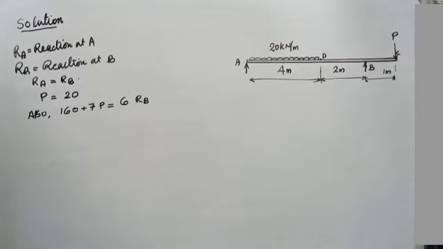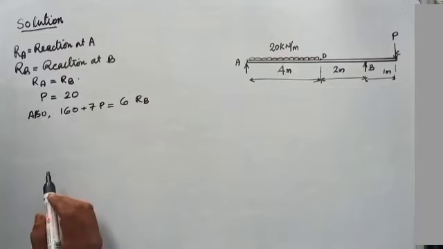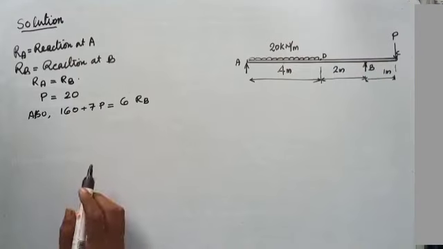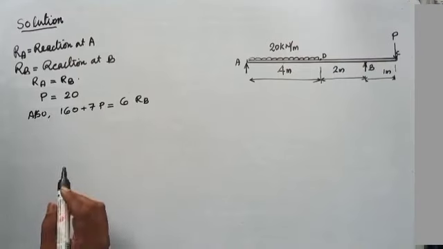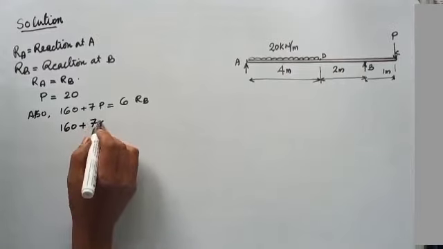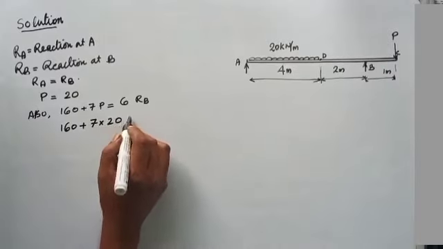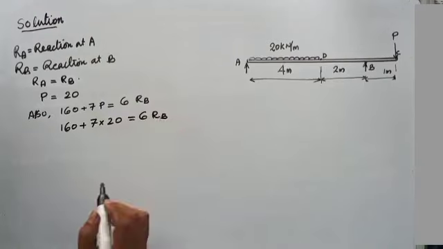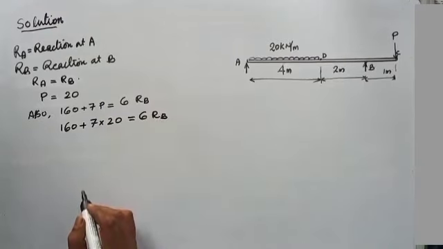Okay, we got the value of P as 20 and RA equals RB. We also know that 160 plus 7P equals 6 RB. So we can substitute this value of P here and we can solve for RB. 160 plus 7 into 20 equals 6 RB. So by solving we can get the value of RB.